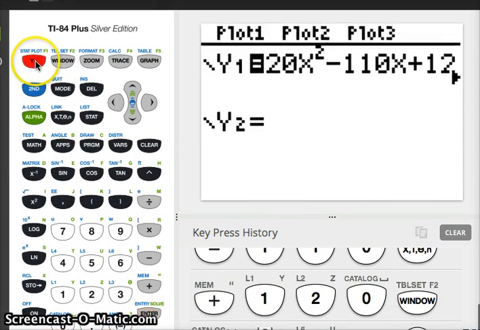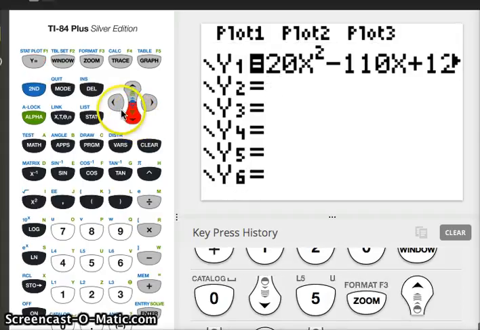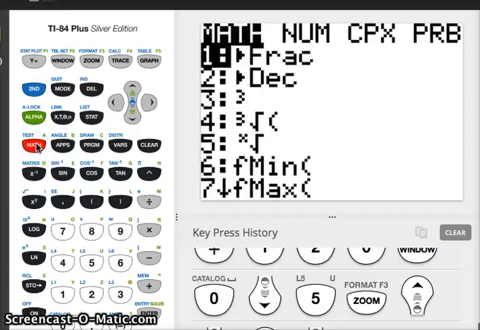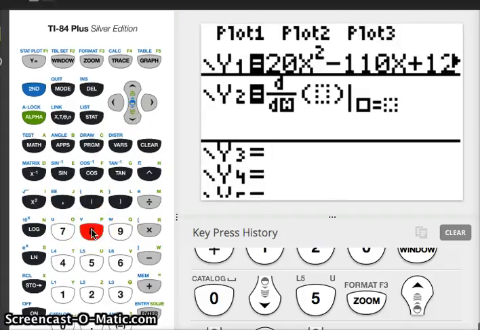Okay, so I'm over here, going to go down to y sub 2. And I'm going to go to math, numerical derivative, which I think is down just a little bit here. Okay, so that's 8. I'm going to paste that here. I've not seen this before. So I think we're going to put x here.